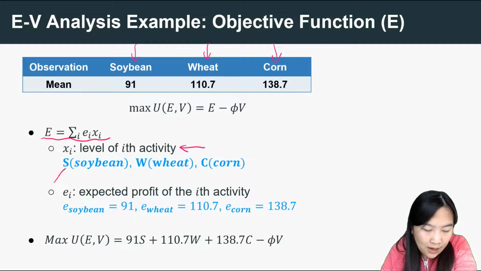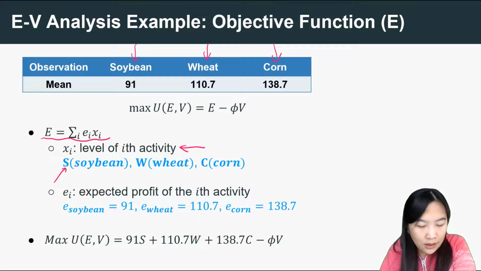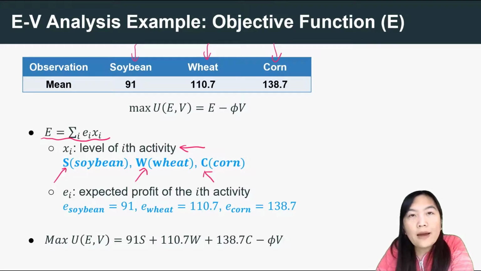And I use just the first letter of the 3 crops to denote the level of the activity. So S here is the acres of land allocated to growing soybean, and same with wheat and corn. So W here is the acres of land allocated to wheat.